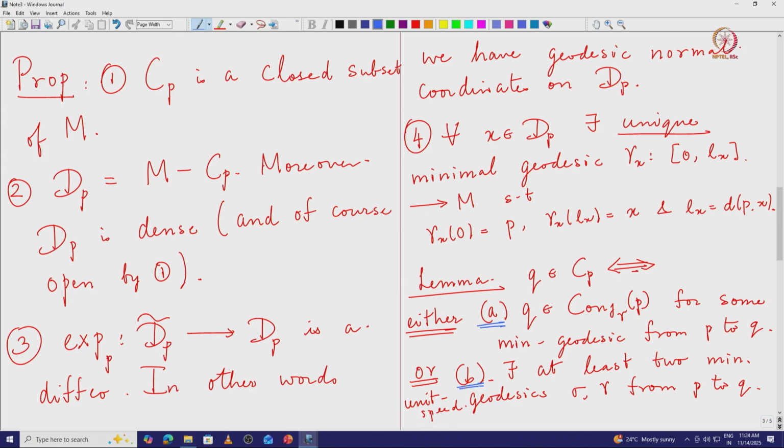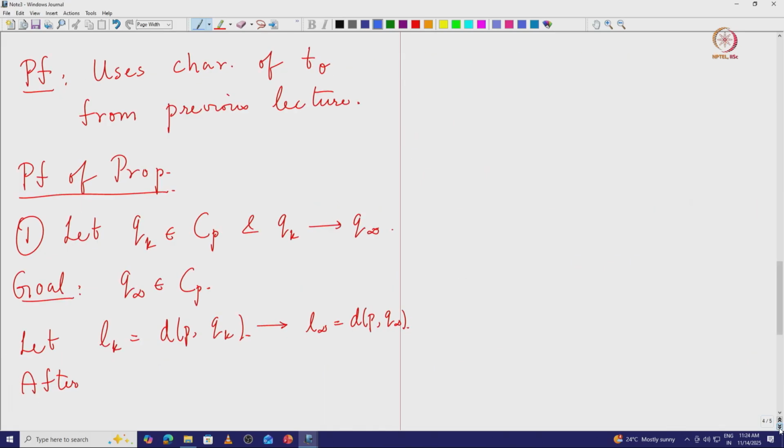Now you have a sequence and you have two options, they either fall into option A or fall into option B. So that means that I can pass to a subsequence, so that along that subsequence all points satisfy A or all points satisfy B. I will just continue to denote the subsequence by the same index. So instead of writing k subscript j, I will just use the index k.